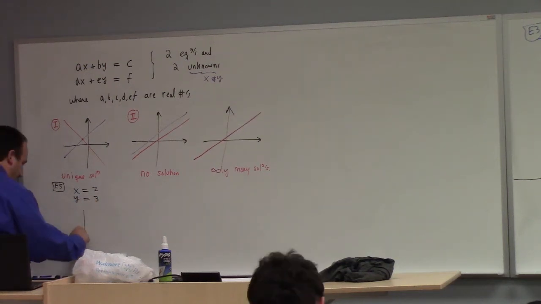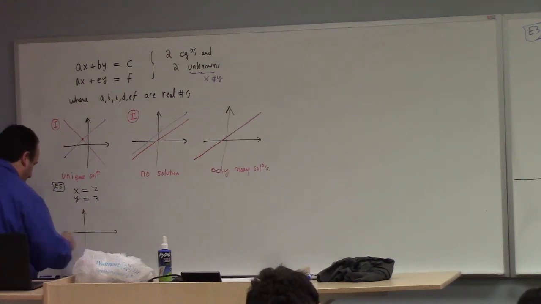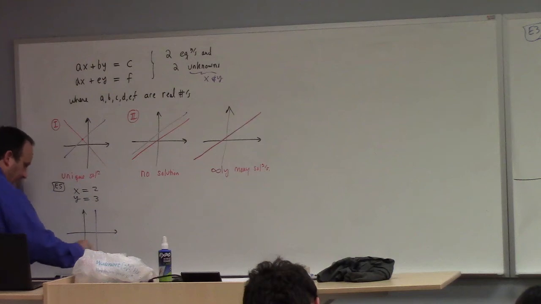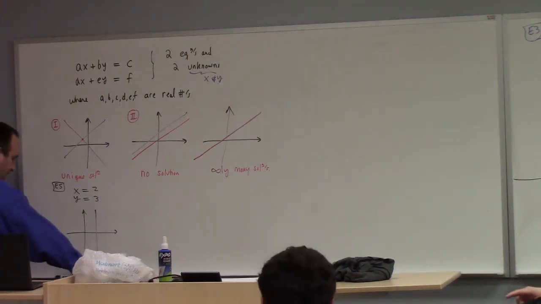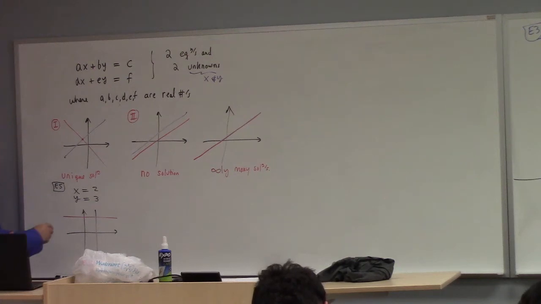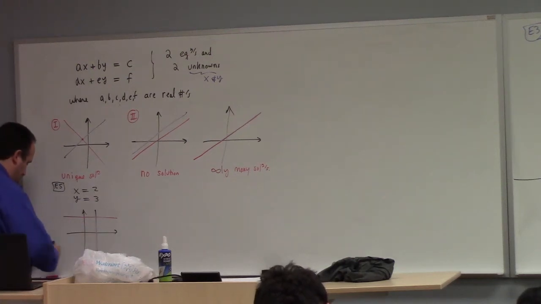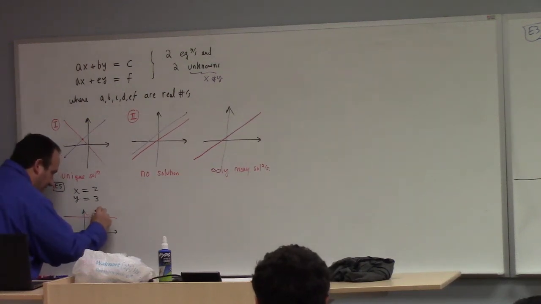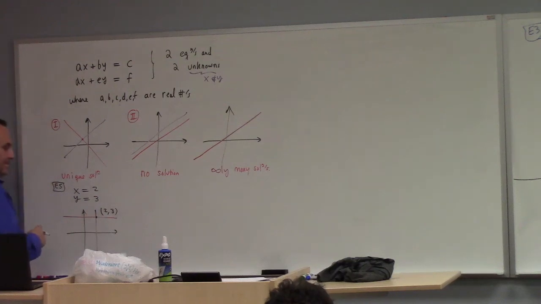Graphically, what's going on there? x equals 2 is this line. y equals 3 is this line. The point of intersection is right here. So the solution is (2, 3).